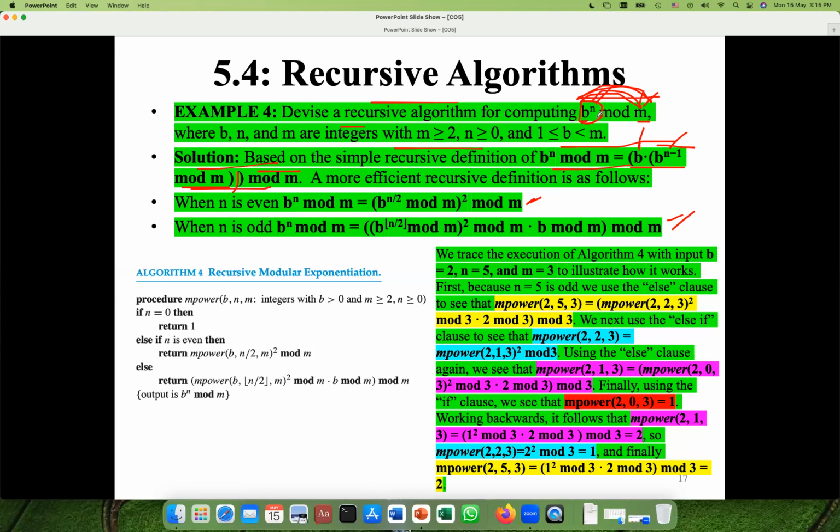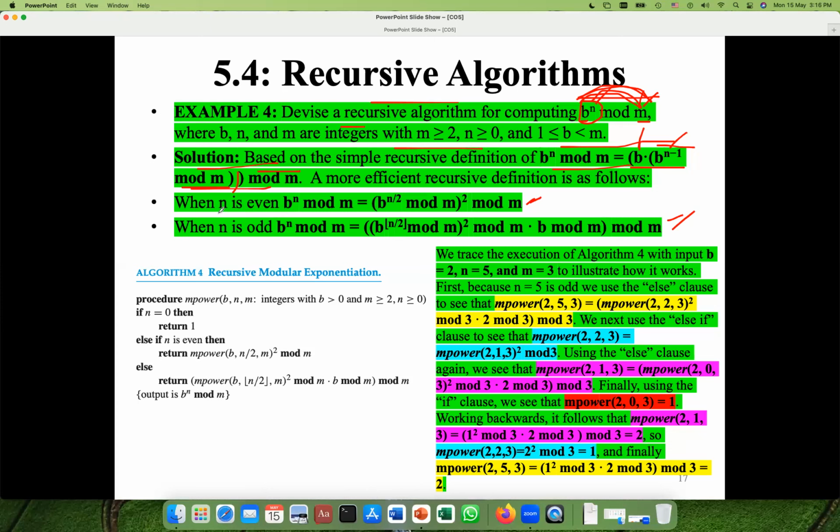This number can be even, can be odd. So when you divide that by m, if it is odd, then you will have some value for the remainder.